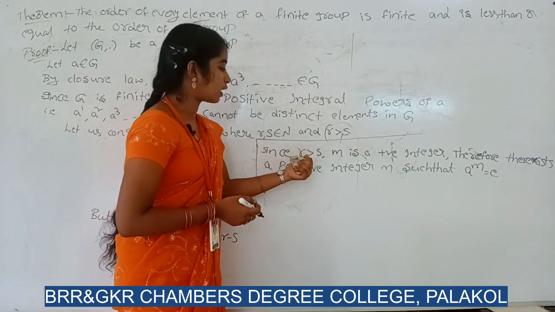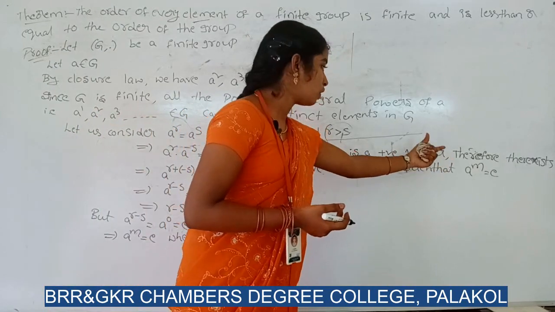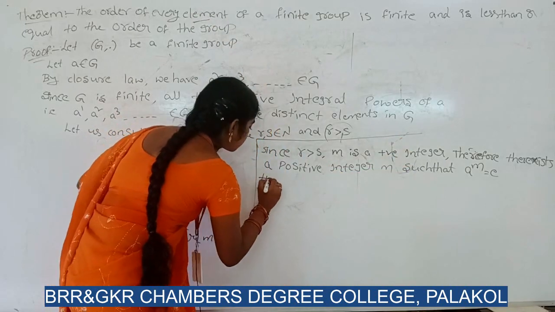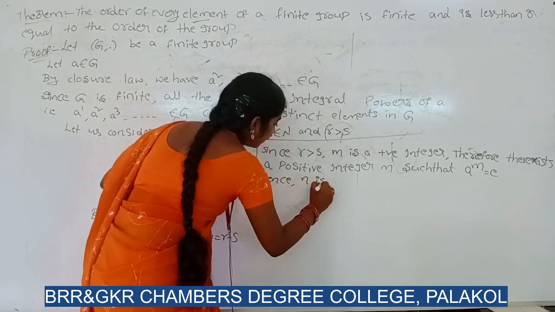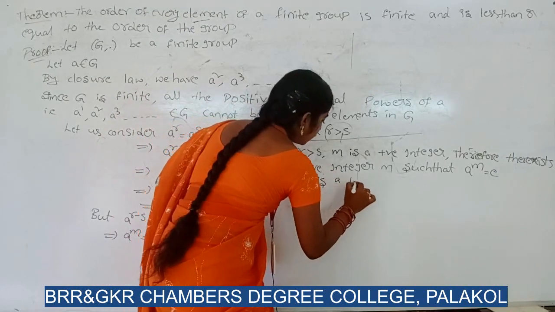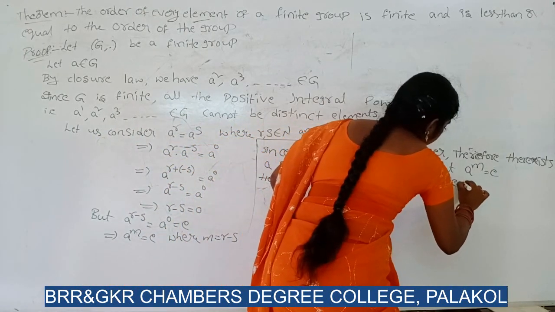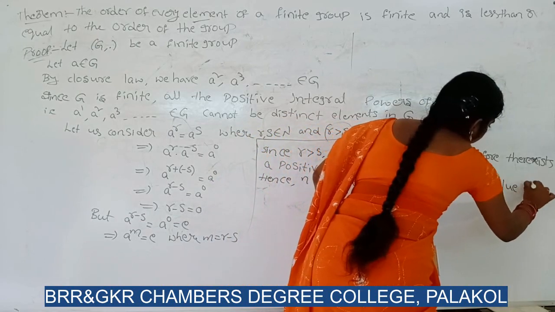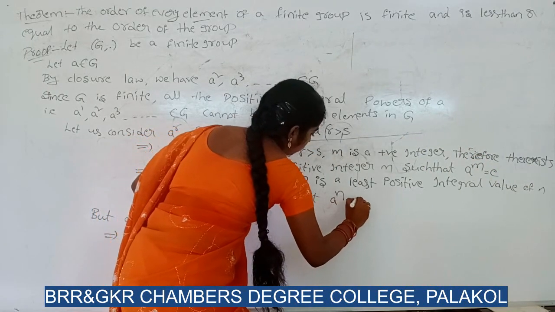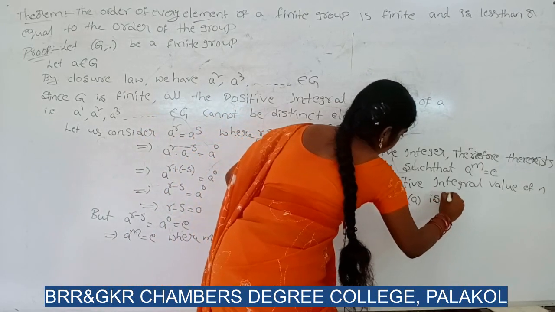Hence n is the least positive integral value of m such that a power n equal to e. So then the order of a is finite.